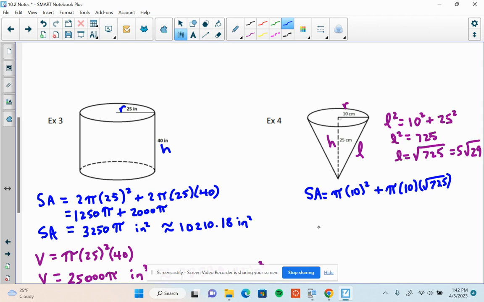And we could do some simplifying there if we need to. But we're not going to be able to put these things together because the 100, that's a coefficient of pi here, we've got this square root of 725 that gets in the way. So I'm just going to grab a calculator at this point, and I'm going to type in all those numbers.